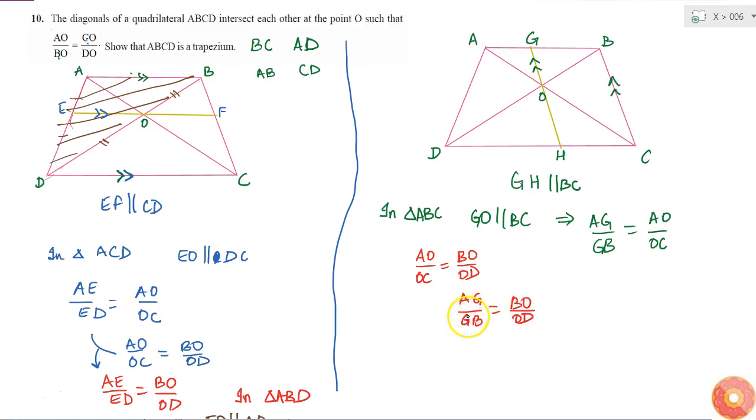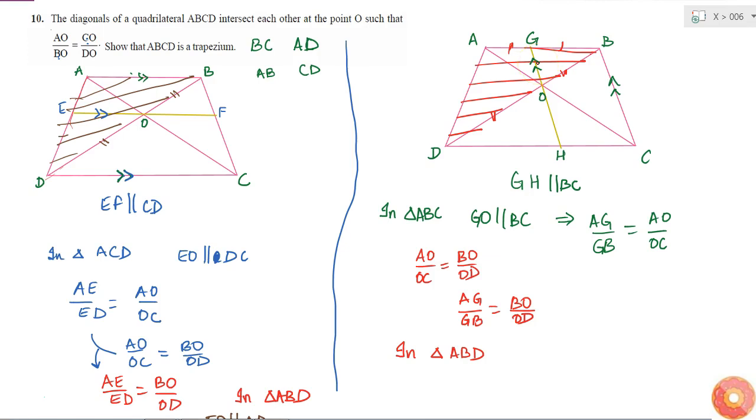Now in triangle ABD, I got that ratio of this side to this side equal to the ratio of this side to this side.